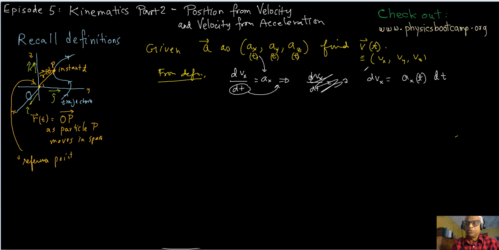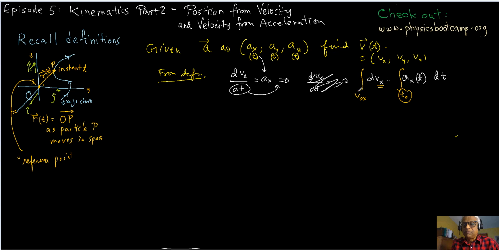Then what is also true is integration on both sides. And so if time t is, say, 0, at that time I need to know what vx is. I'm going to write down v0x for that.